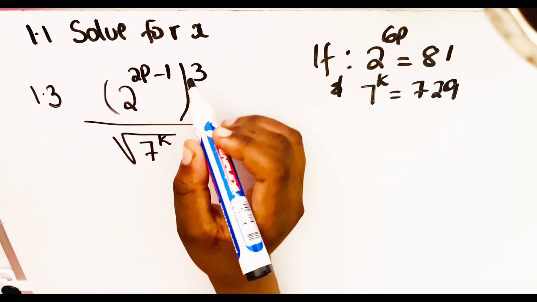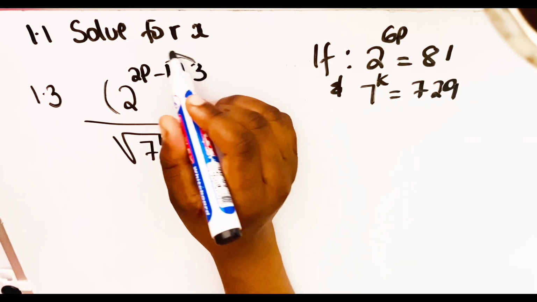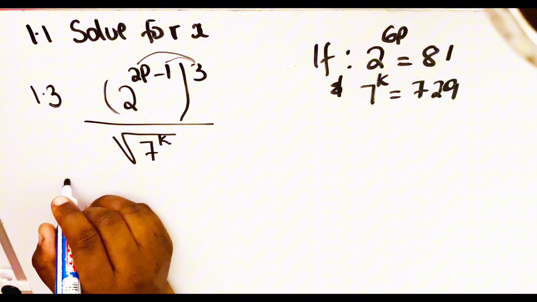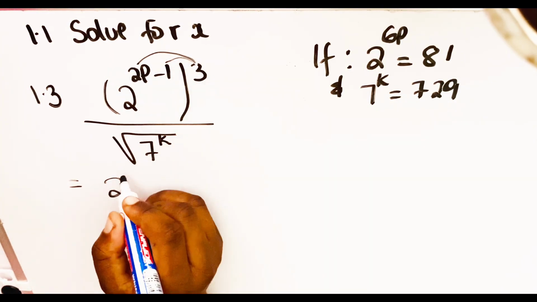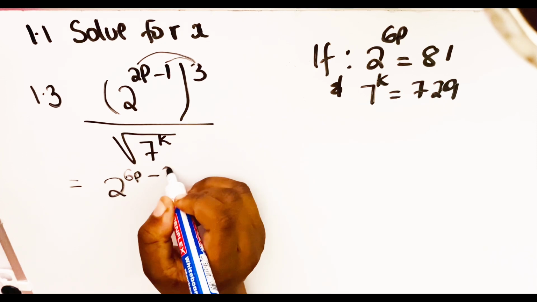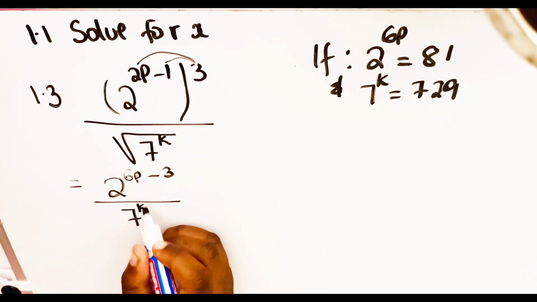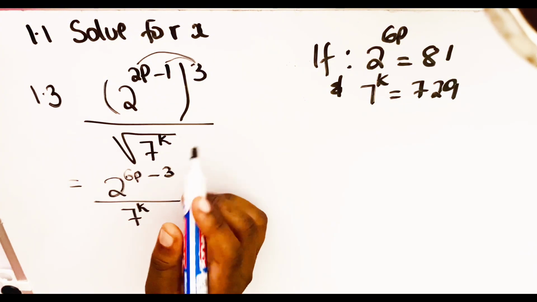We have to simplify first. Simplify the expression. Remove the brackets by multiplying the exponent by 3. So this is 2 exponent 6p minus 3 over 7 exponent k. To remove the root, multiply by the exponent 1 over 2.